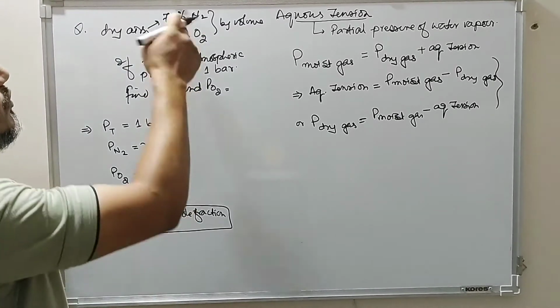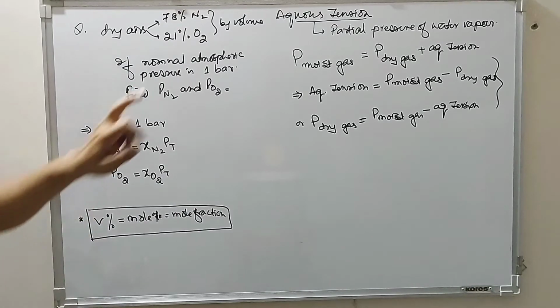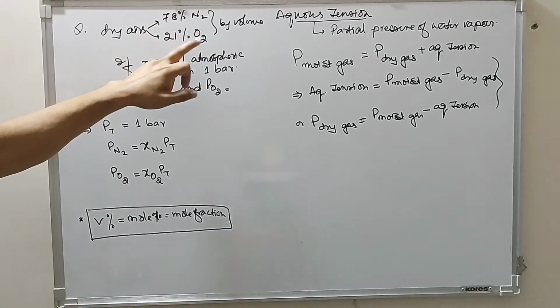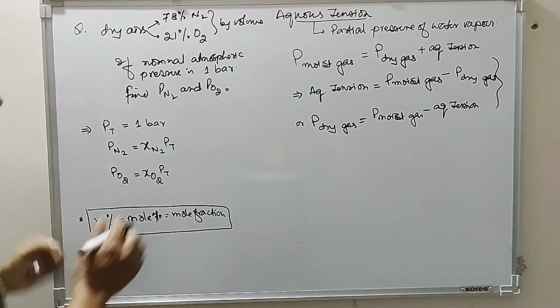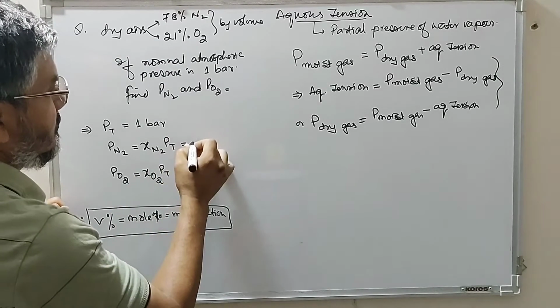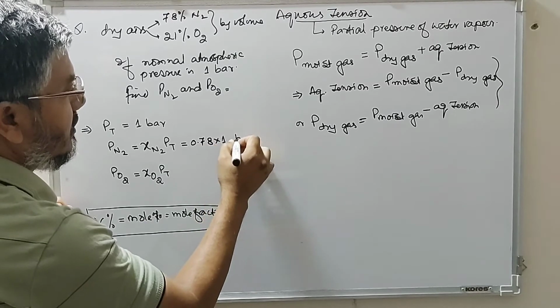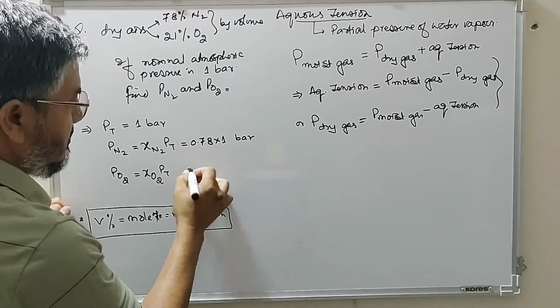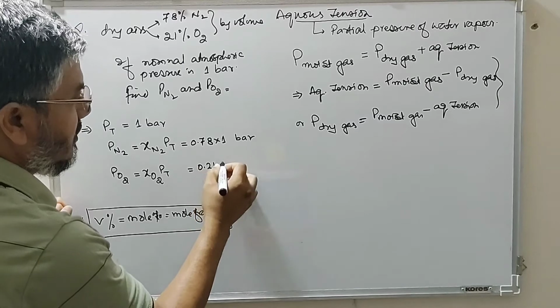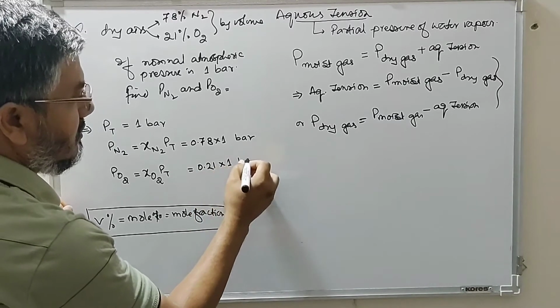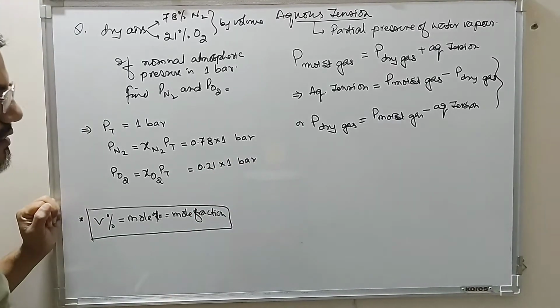So therefore, the mole fraction of nitrogen is 0.78 and that of oxygen is 0.21. So 0.78 into 1 bar, and 0.21 into 1 bar.